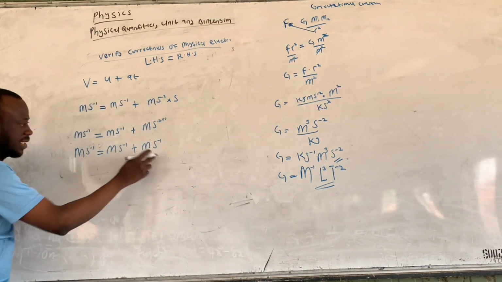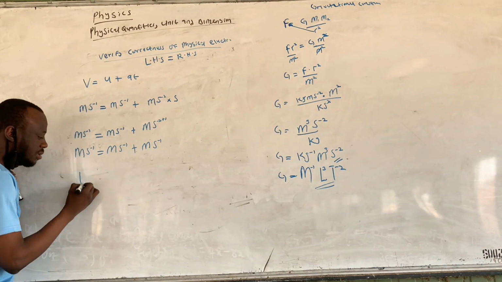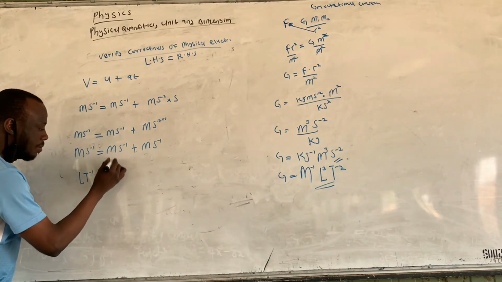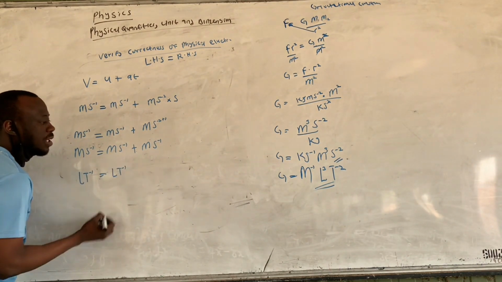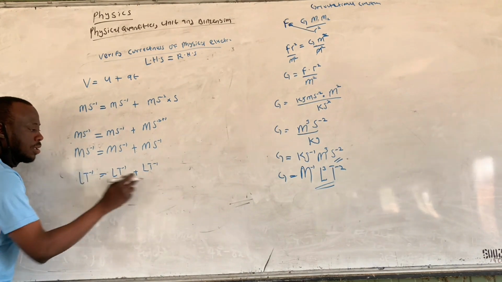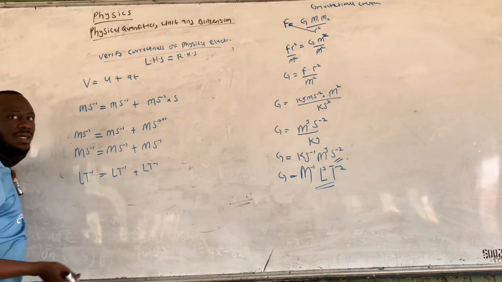This means the dimension of this is L T to the minus 1, again L T to the minus 1 plus L T to the minus 1. You see, what we have here is what we have here.